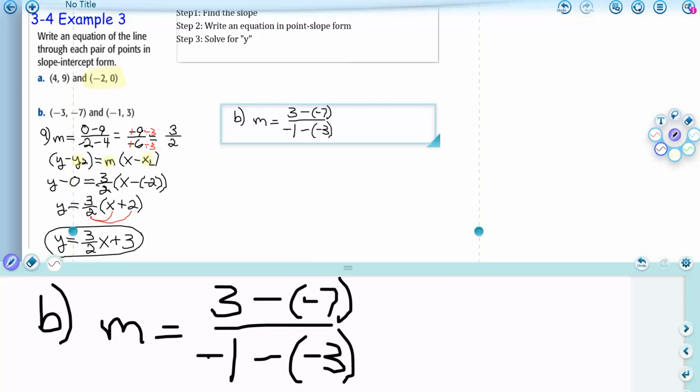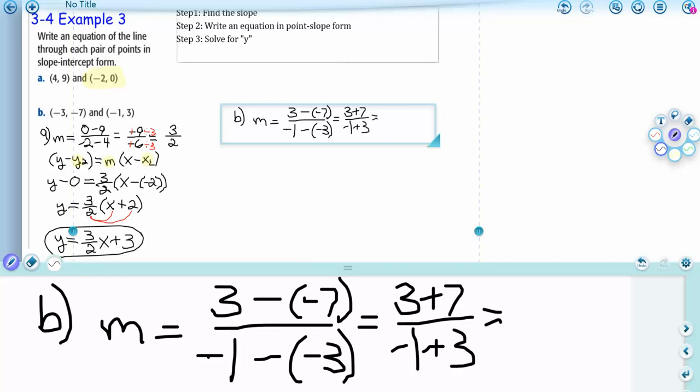Okay, just remember, if you have two negatives next to each other, it makes a positive. So on the top, I end up with 3 plus 7. On bottom, -1 plus 3.